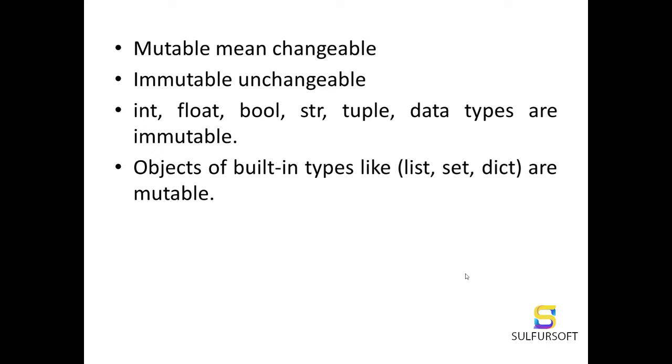Till now, we have covered int, float, boolean, string data types in previous videos, and in upcoming videos, I will be discussing tuple, list, set, and dictionary data types. But here, to understand the concept of mutability and immutability in these data types, I will give a small touch of these data types as well.